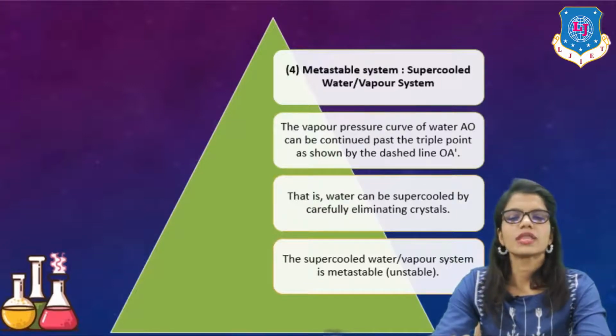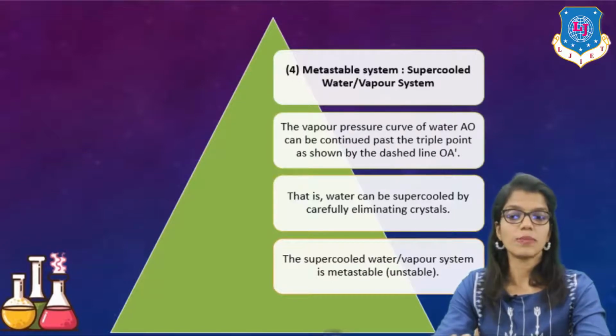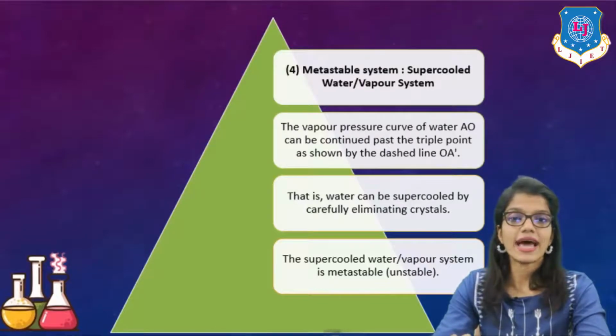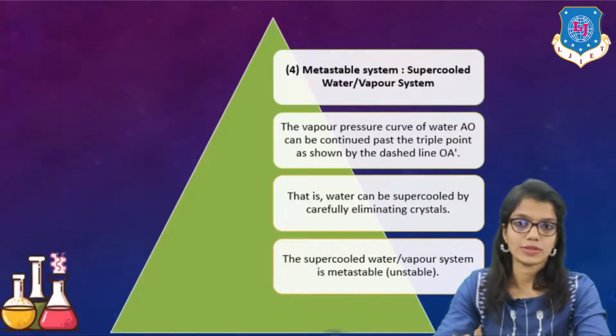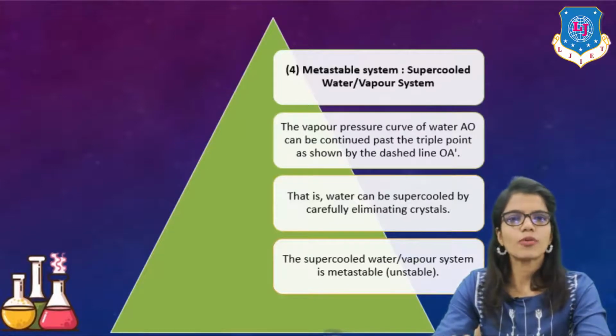So here the vapor pressure curve AO of water can be continued past the triple point as shown by the dashed line OA dash. Here we have shown the A dash point. That A dash point is a supercooled point, or I should say a metastable point, right?